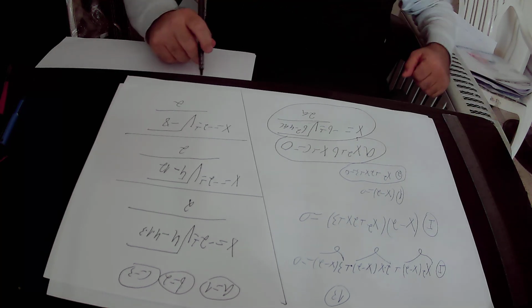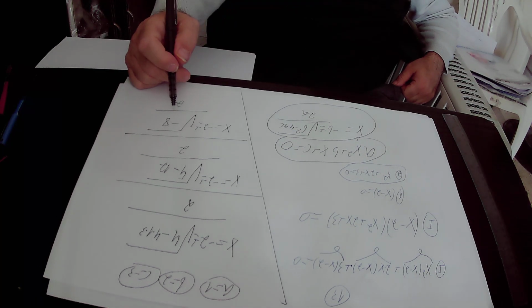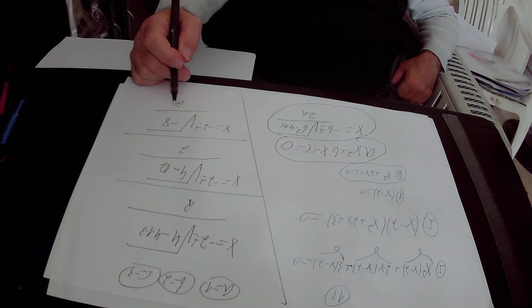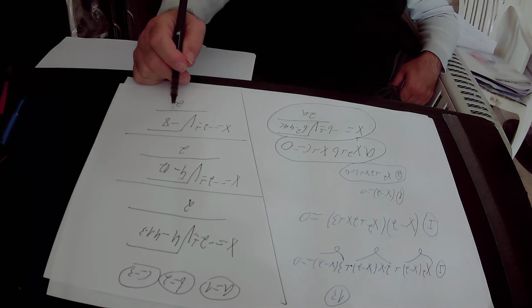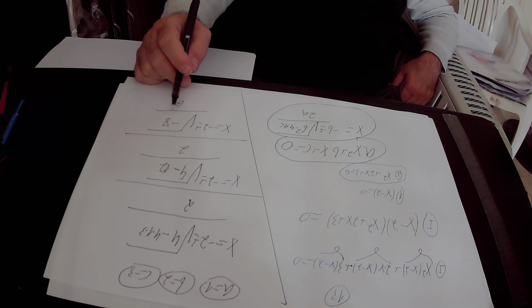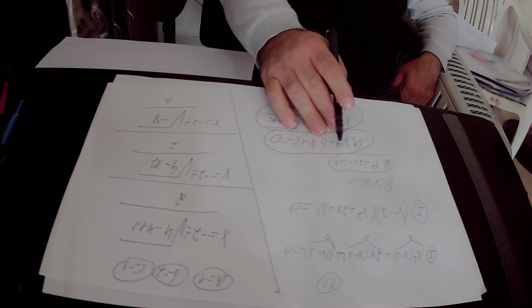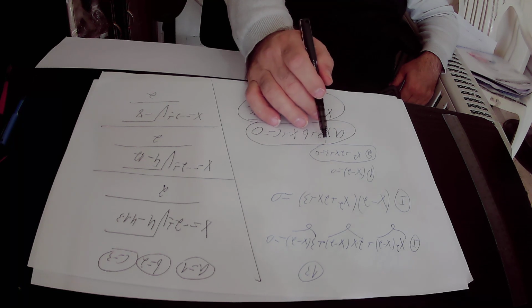So minus 8 is a negative number, and there is no root for a negative number. Therefore, we are stuck here. It means that the quadratic equation x squared plus 2x plus 3 doesn't have a solution.